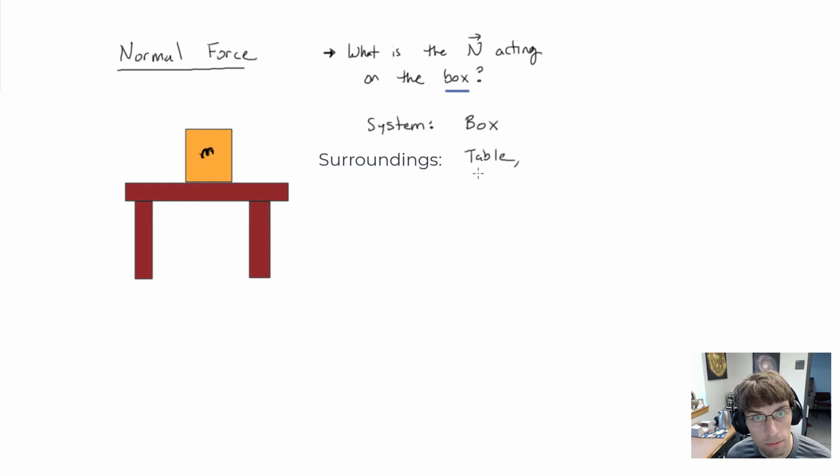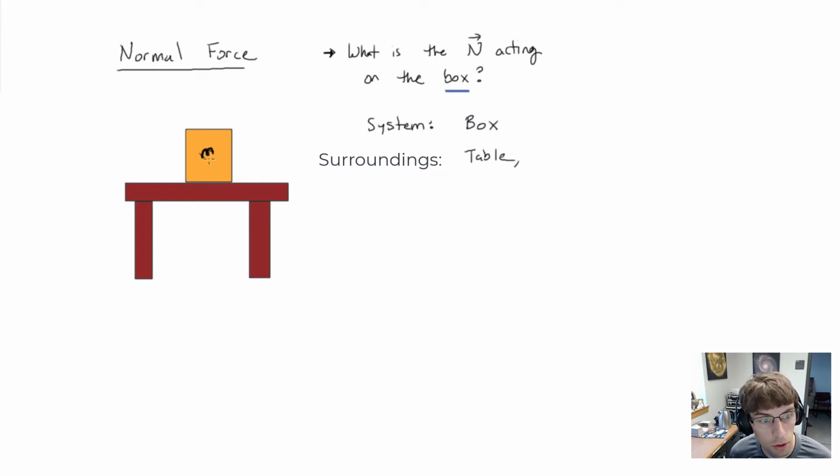But wait, there's more. The normal force is what we call a contact force. It requires the two objects to physically touch. But there are other forces that don't require the objects to be physically touching, and one of those you also talked about in the last video: gravity.